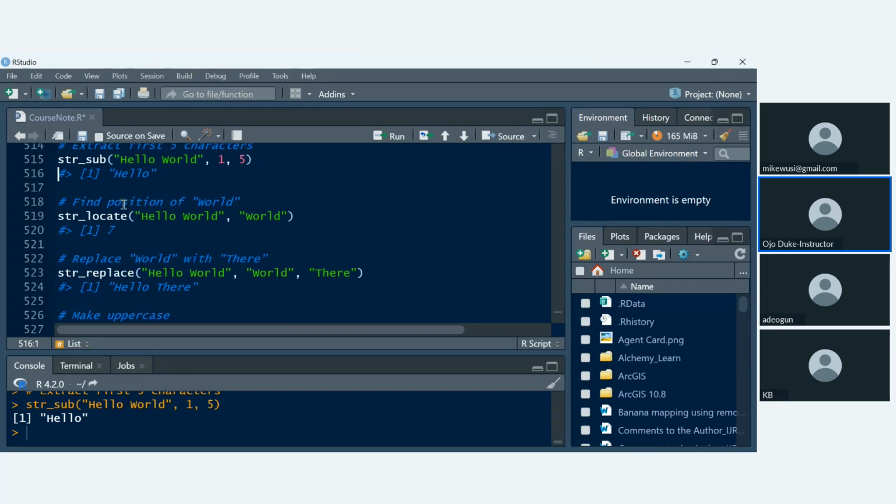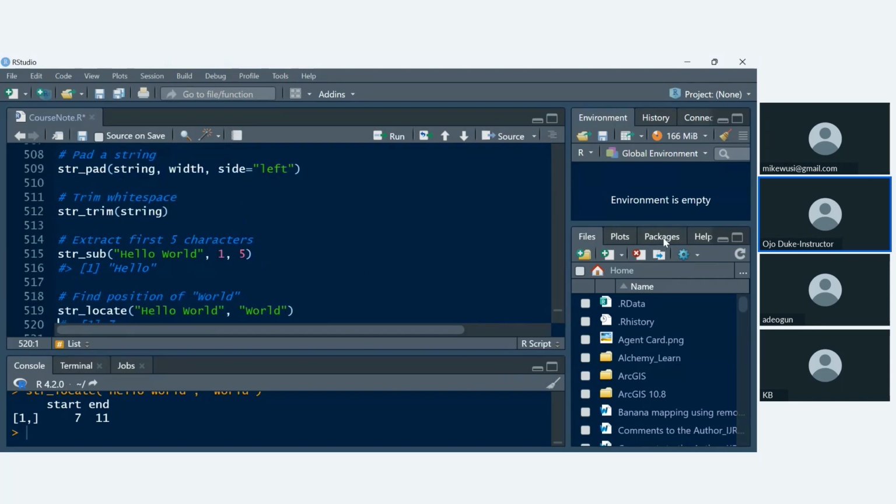All right. So this is to find the position of a word. It's going to give us the position of where this word starts in this body of string. So if you run this, it's telling us that it starts from 7 and then ends at 11. 7, 8, 9, 10, 11.